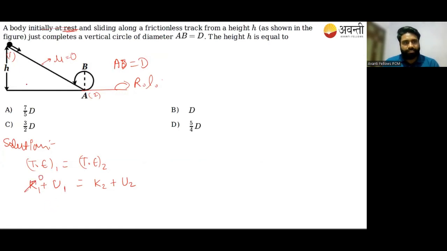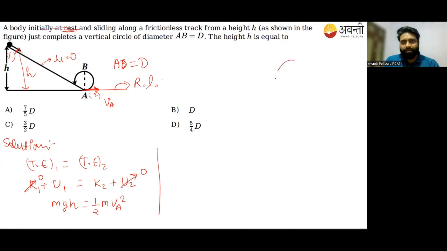What is the potential energy? It is placed at a height h, so it is mgh. Now let's say the velocity at this point is va. So the kinetic energy is 1 by 2 times mass times va square. The potential energy becomes zero because it is at the reference line, so U2 will become 0.